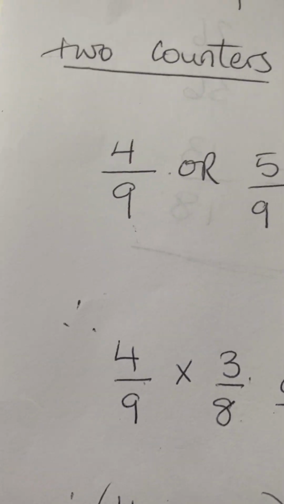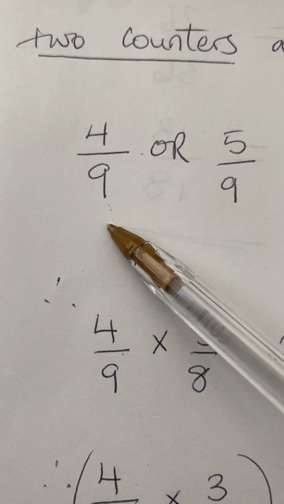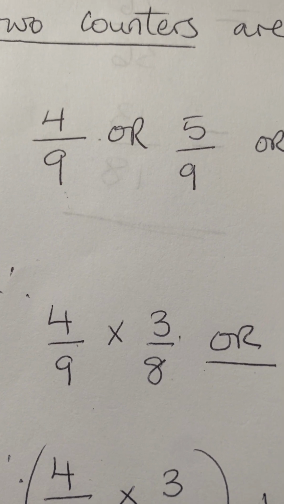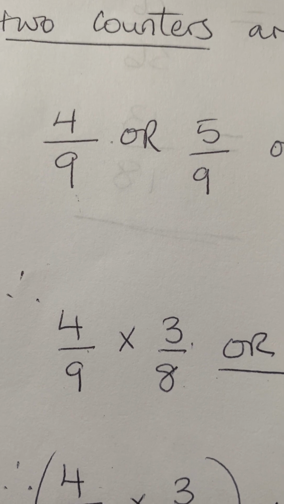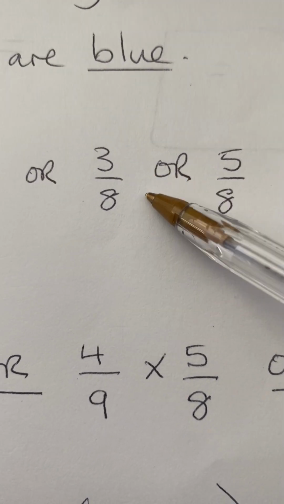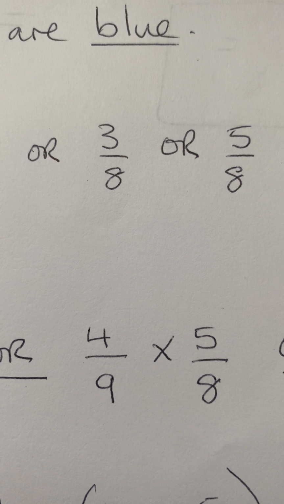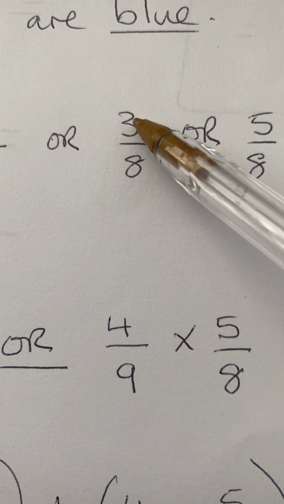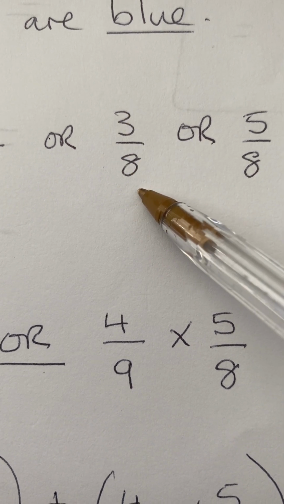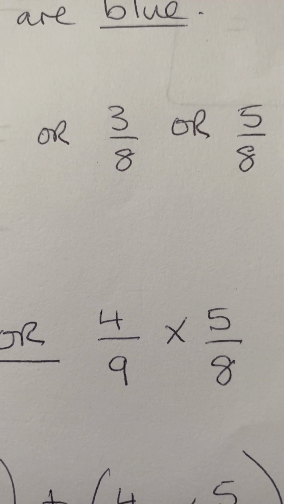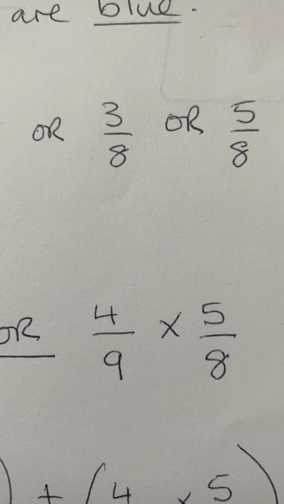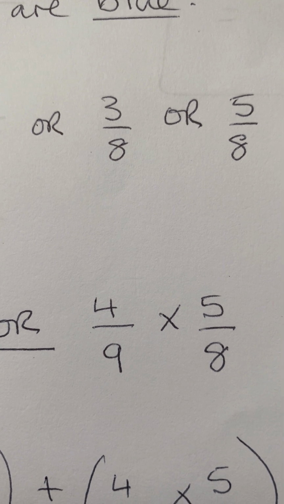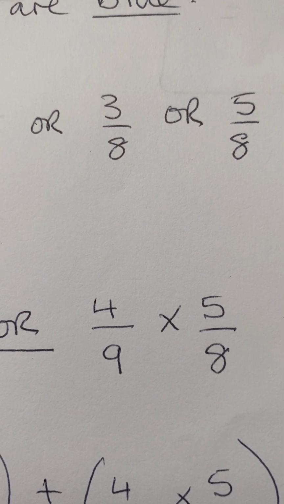Okay, so 4 over 9 is when they are blue, 5 over 9 when they are not blue, because if 4 are blue then the others are not blue. So in the first instance, if you dip your hand in, you have 4 blue counters, so you can have 3 over 8, because immediately you pick one out and it's blue, then you now have 3 blues, and then you have 8 counters left.